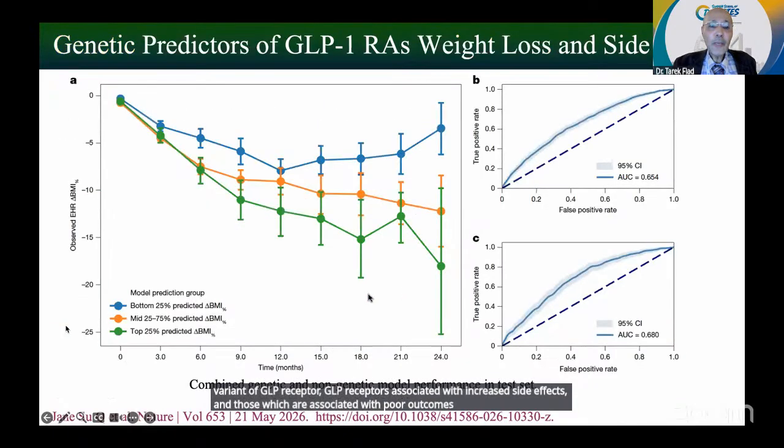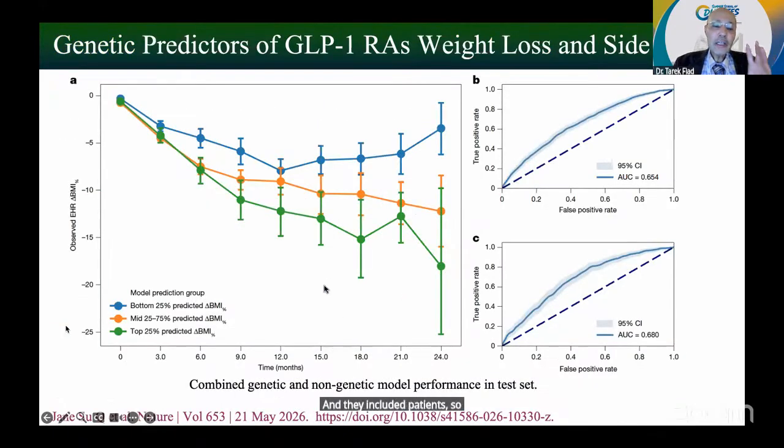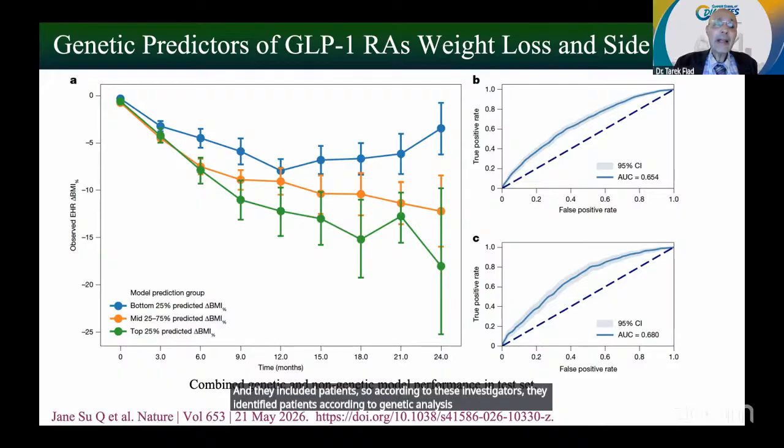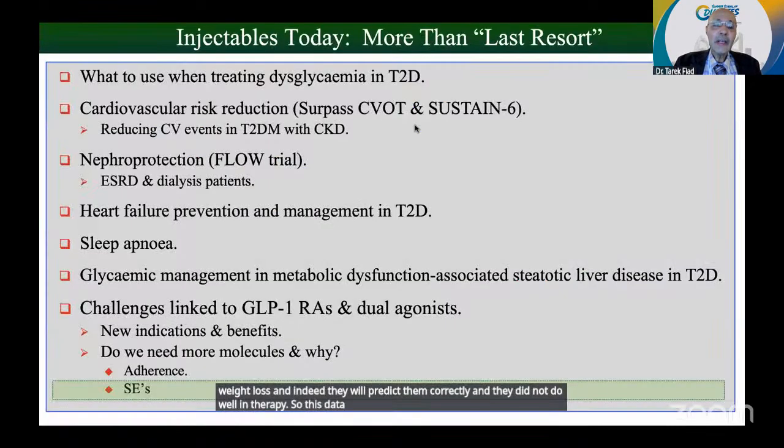According to these investigators, they identified patients by genetic analysis who are going to do well, and indeed they did well on therapy. They identified patients who are not going to do well on therapy, with minimal weight loss, and indeed they predicted them correctly and they did not do well on therapy. So this data, we need to get it in the guidelines.